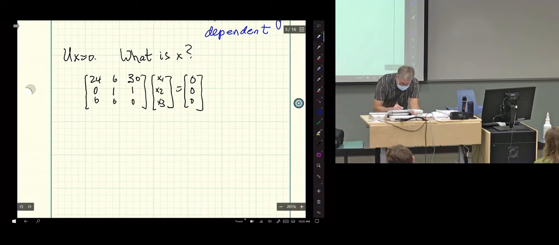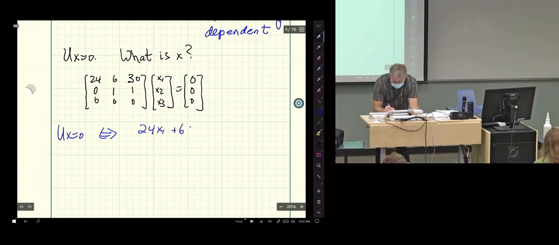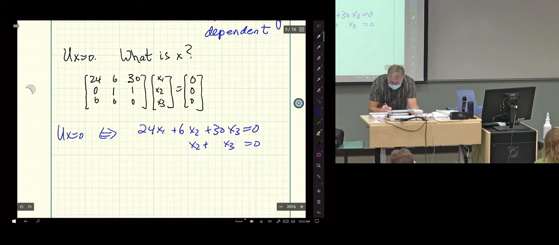So UX equals 0 is equivalent to, and this will help some of you to see what's going on, X2 plus X3 equals 0, and then 0 times X3 equals 0.